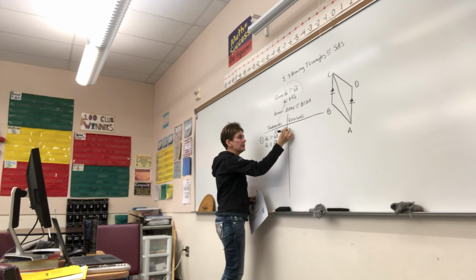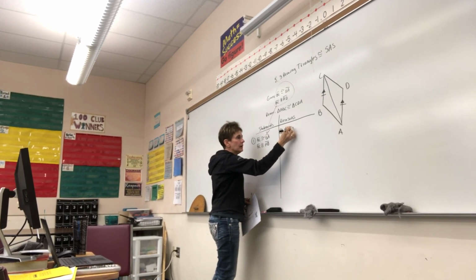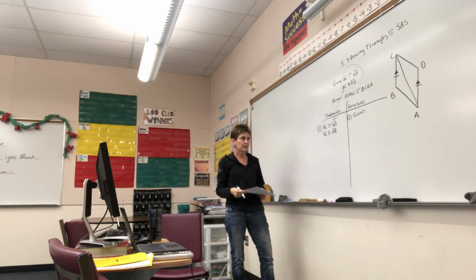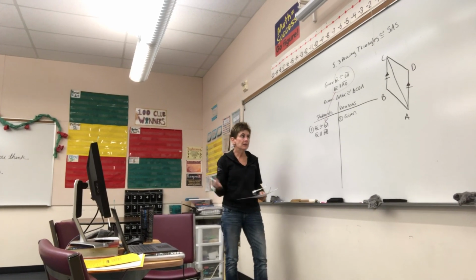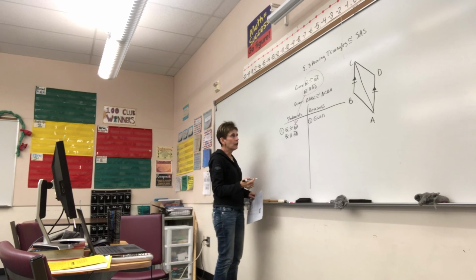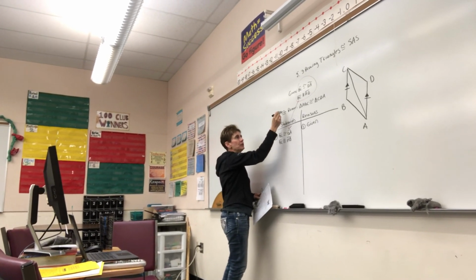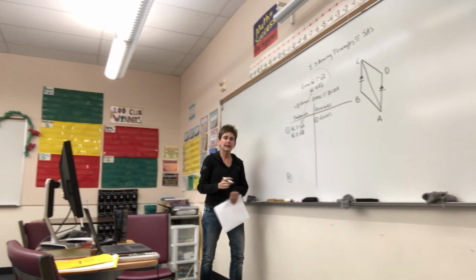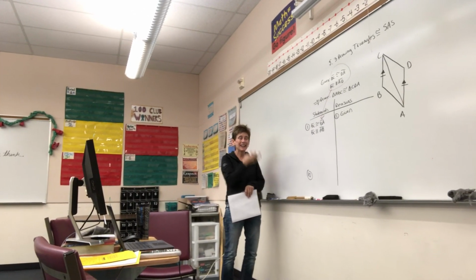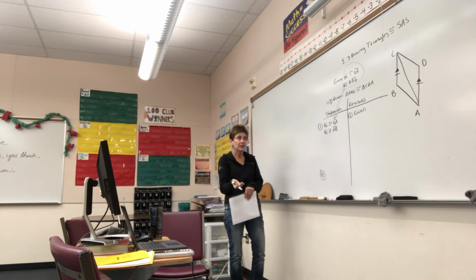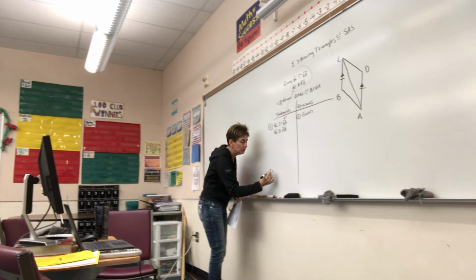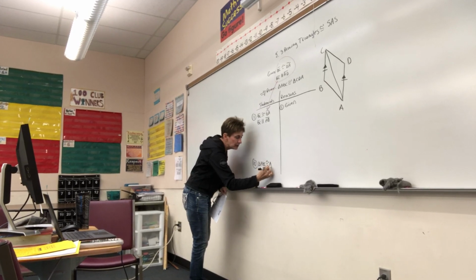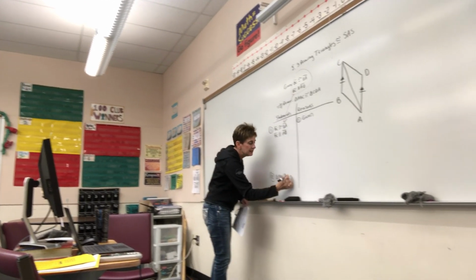And then the reason is going to be given. 100% of the time, our first reason is going to be given. Now the next thing we need to do is copy down whatever the information we're supposed to prove is. I always put a 10 for that statement number because I don't know yet how many statements I'm going to have, and then I can fix it later. We want to prove that triangle ABC is congruent to triangle CDA.